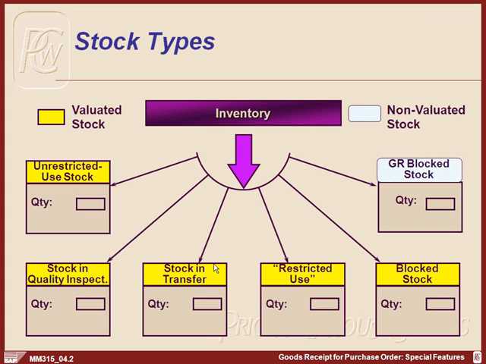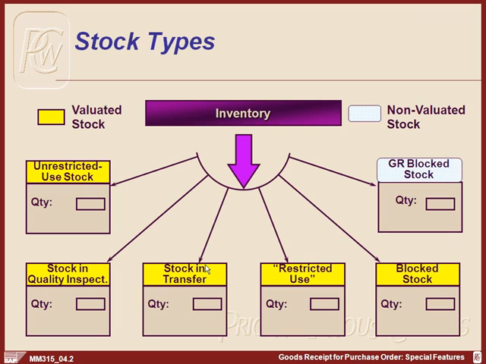Let's say you are issuing 10 cartons of this material from Chennai to Pune. Once the material is issued from Chennai, the work with the Chennai plant is done. Now, if somebody wants to see where the stock is for the Pune plant, it shows stock in transfer. That is a special feature which we discuss when we work with transfer postings.